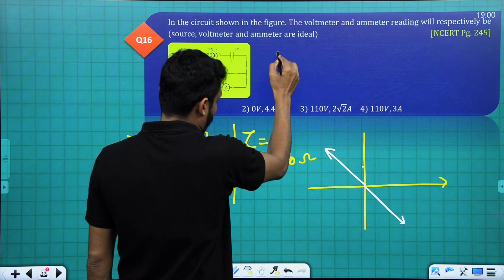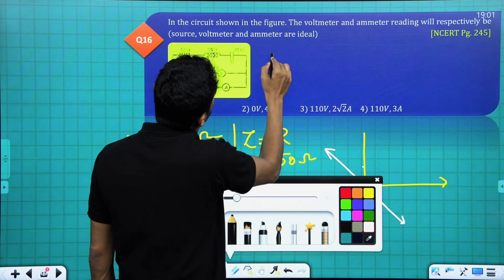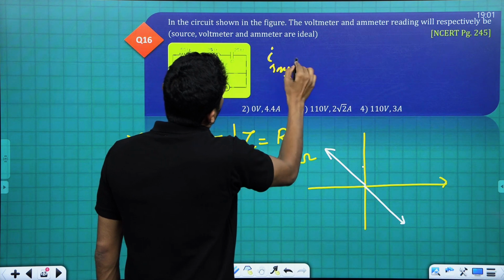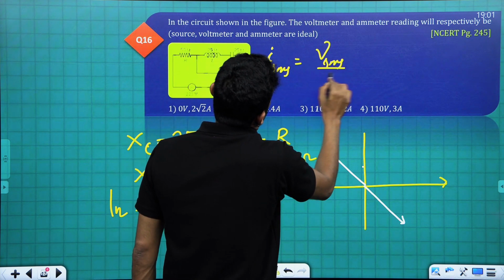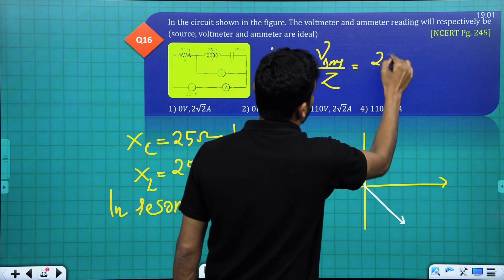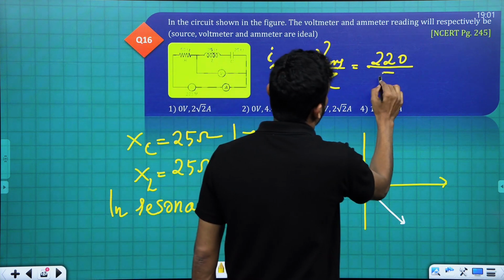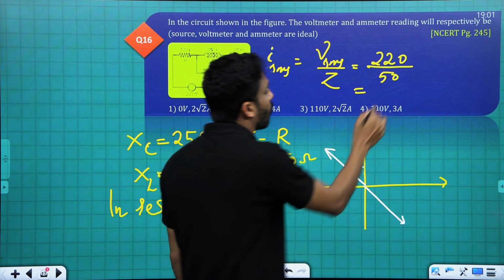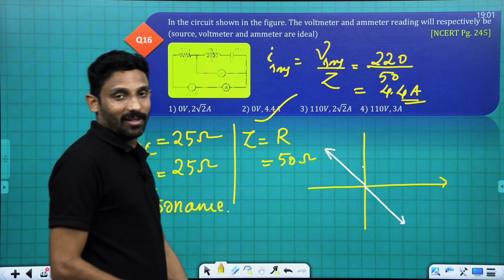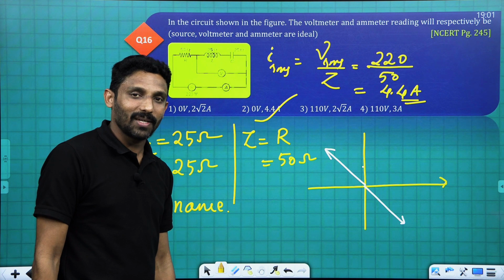IRMS is equal to VRMS divided by Z. VRMS is given as 220 volt, divided by Z, where Z is R, equal to 50. 220 by 50 is 4.4 ampere. So 4.4 ampere is the ammeter reading. So the answer is option 2. It's very clear.